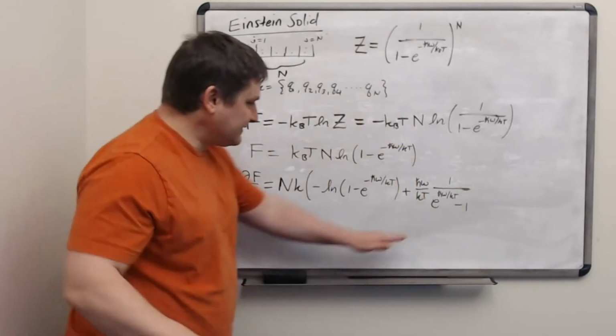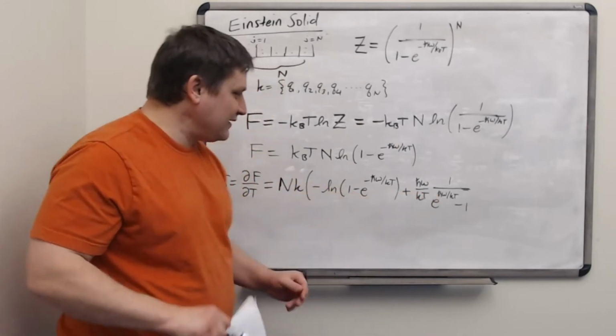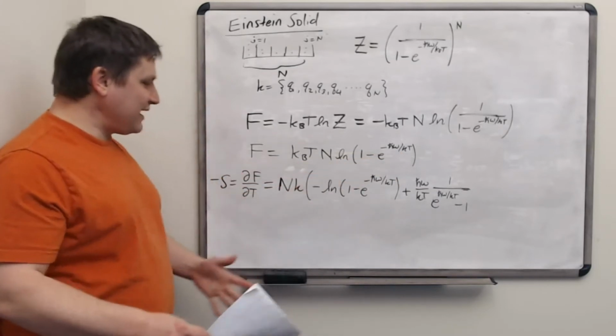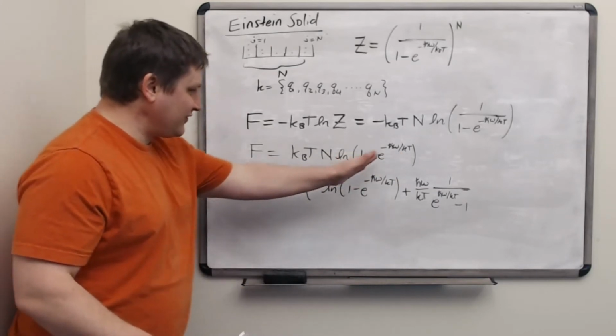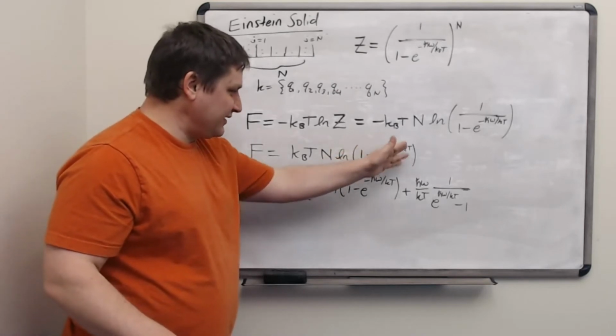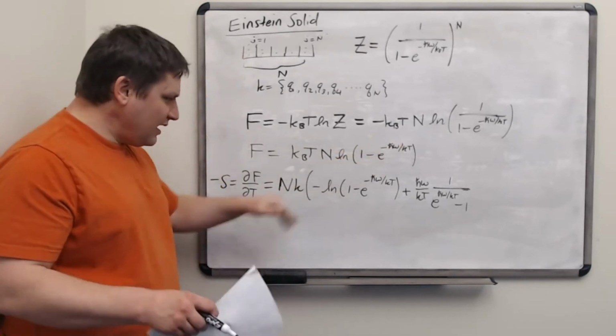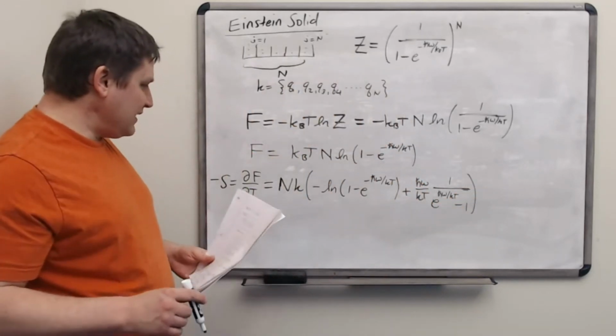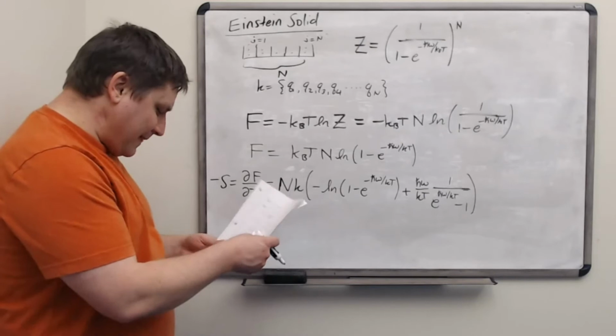Sorry, so this is not a mistake. This one is positive. After you do that derivative, there's temperature here. You've got a lot of chain rules to do because there's a bunch of functions stacked up. Here, log, subtraction, exponential, division to get to temperature. But this is what we end up with for the opposite of the entropy.